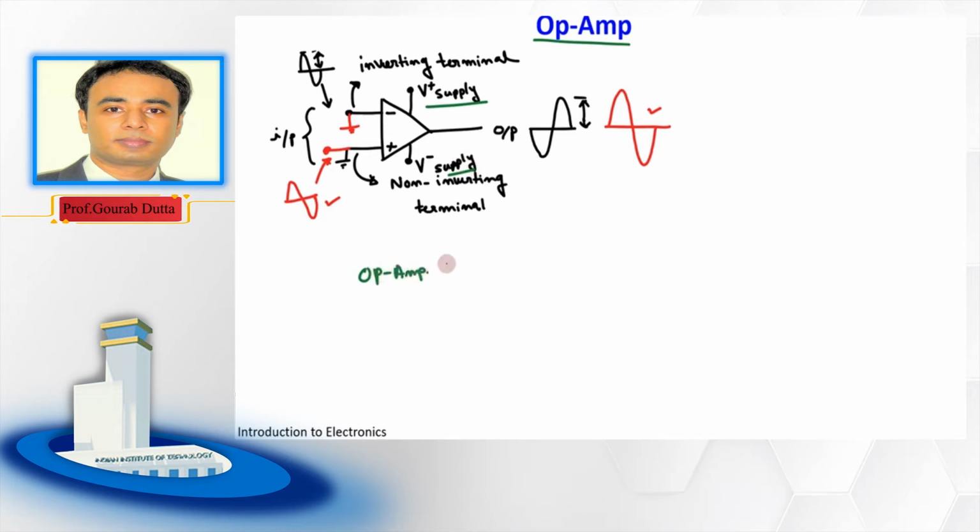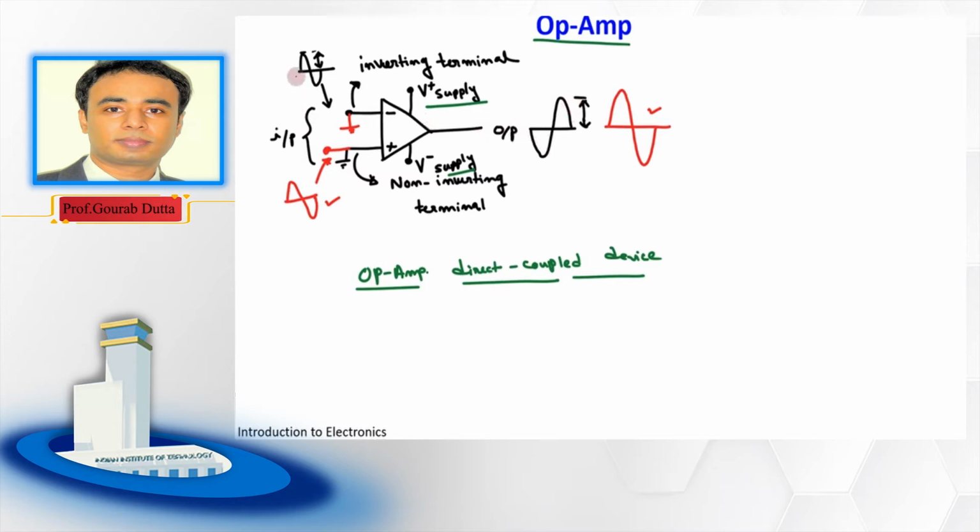These op amps are generally direct coupled devices, right? So what does direct coupled device mean? That means this op amp can amplify an AC signal. At the same time, if you use a DC signal, this op amp will also be able to amplify that DC signal.